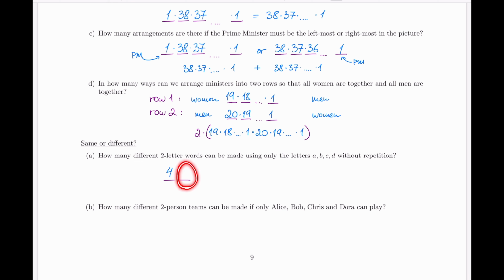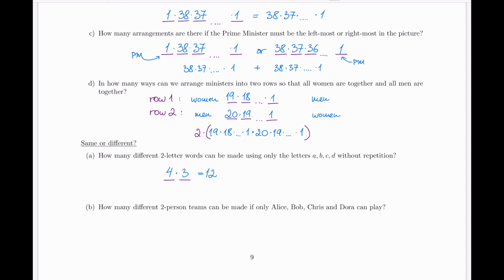What are my options for letter 2? I cannot repeat letters, so whatever letter I picked here cannot go here, which means that my options are reduced by 1. And because I have to pick the first letter followed by the second letter, I'm going to multiply the 2 together and get the total of 12. Now, great. One thing to observe here is that when I am choosing, I actually have to do so in some kind of ordering.